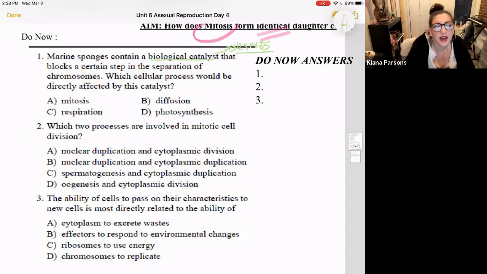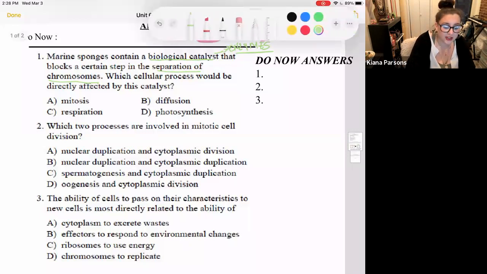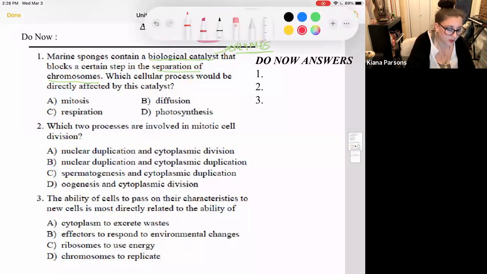So marine sponges contain a biological catalyst that blocks a certain step in the separation of chromosomes. Which cellular process would be directly affected by this catalyst? So separation of chromosomes is integral to the replication of DNA, which is the first step of mitosis.